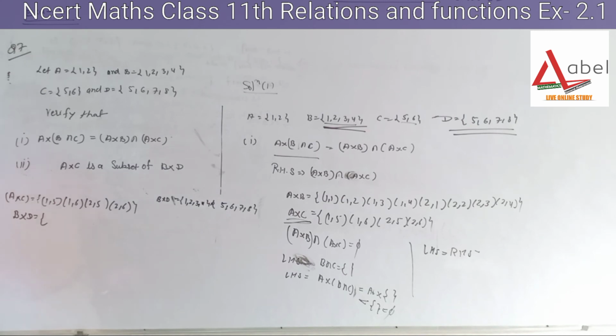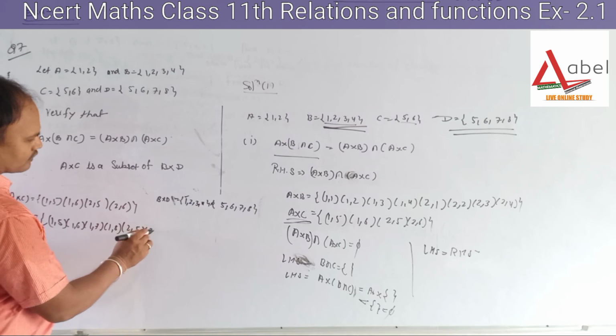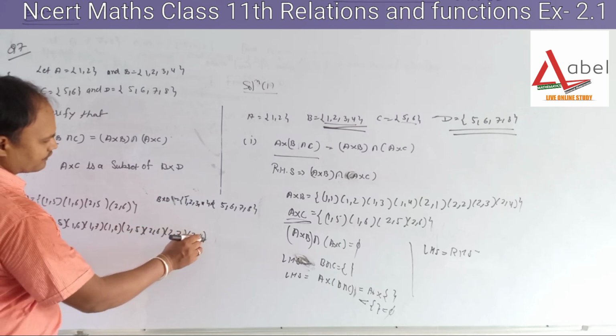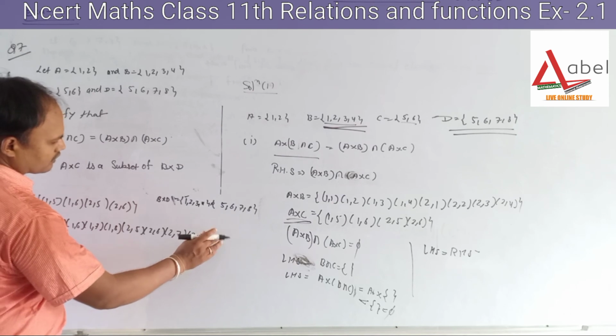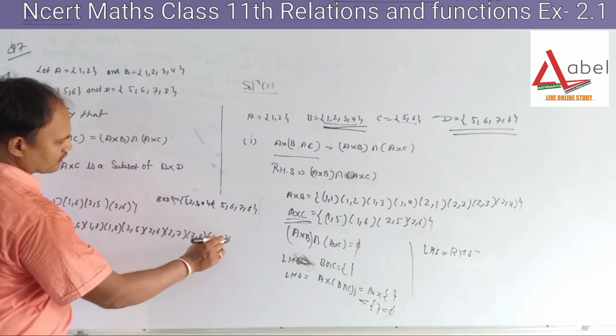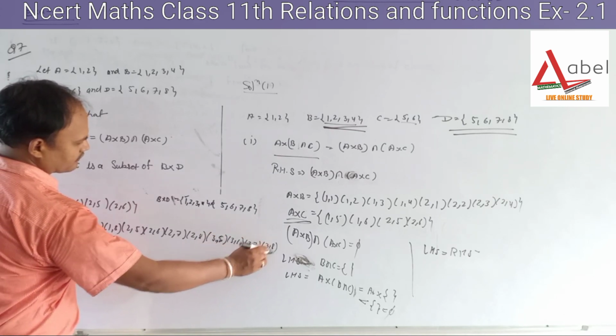Now what do we have to do? Let's see. B cross D means (1,5), (1,6), (1,7), (1,8), then (2,5), (2,6), (2,7), (2,8), then (3,5), (3,6), (3,7), (3,8).